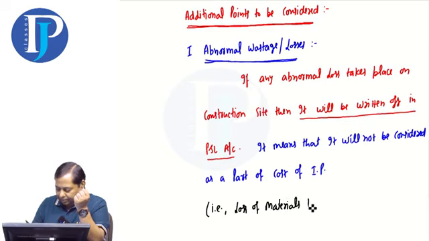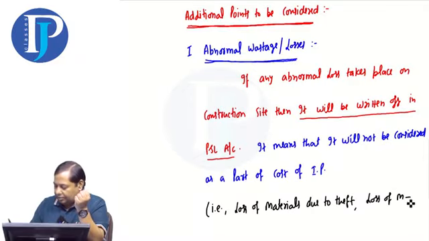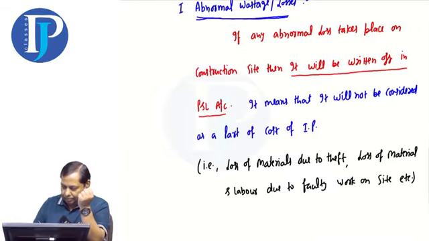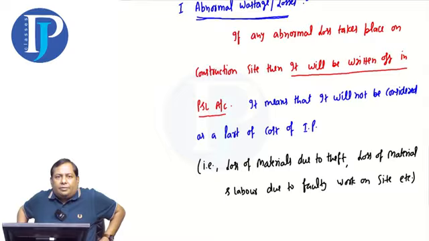Loss of materials due to theft, loss of material and labor due to faulty work on site. Abnormal loss can be anything.